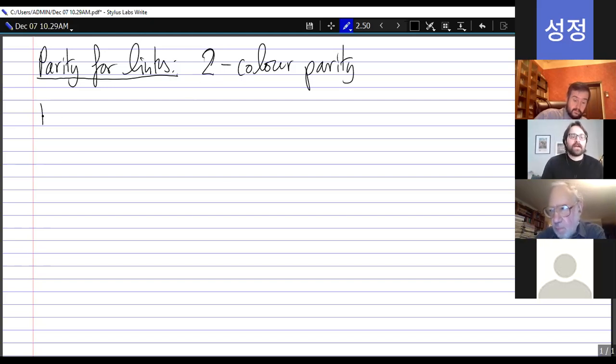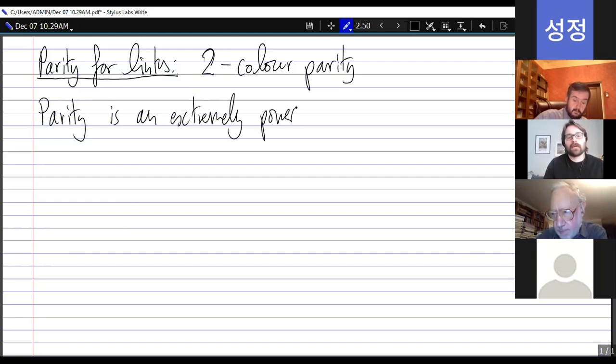So I'm going to go quite fast and loose here, but the thing I want to say is that parity is an extremely powerful tool in the study of virtual knots.